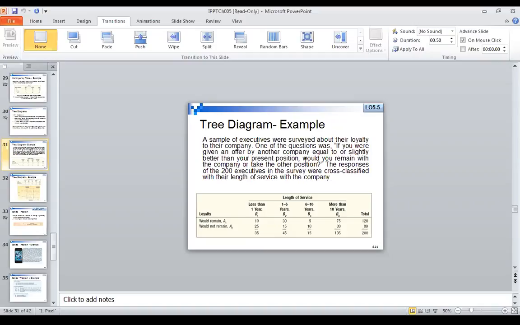And our total is 120 and 80. Okay. So here we have 35, 45, 15, 105, 200. All right, you with me? Yep.